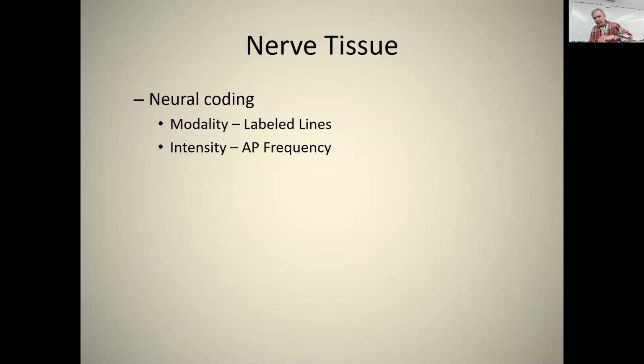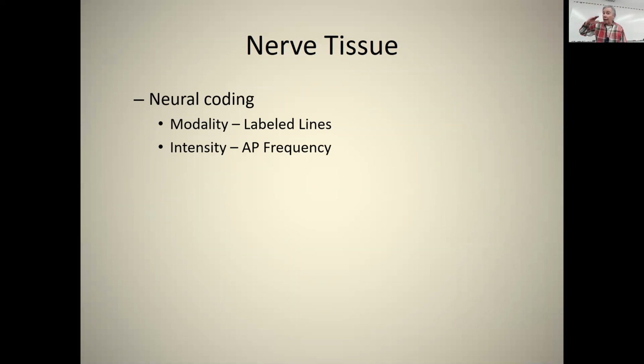Okay, intensity. How does the brain know a weak stimulation from a strong stimulation? A bright light versus a dull light, a hard touch versus a soft touch, loud noises, whispers. How does it know?